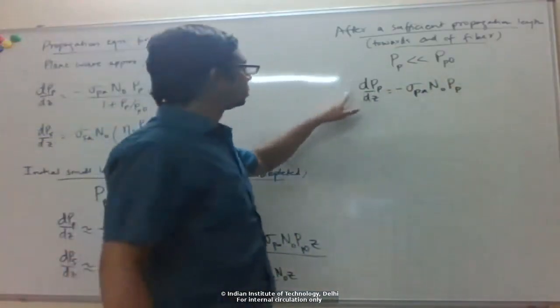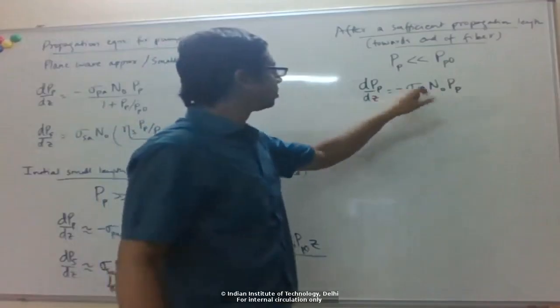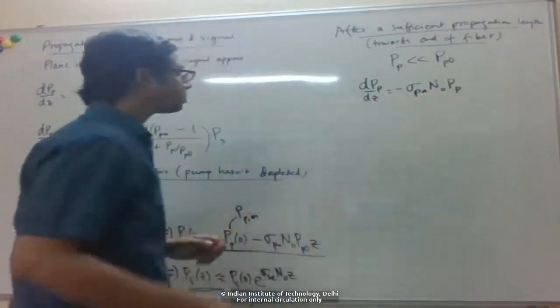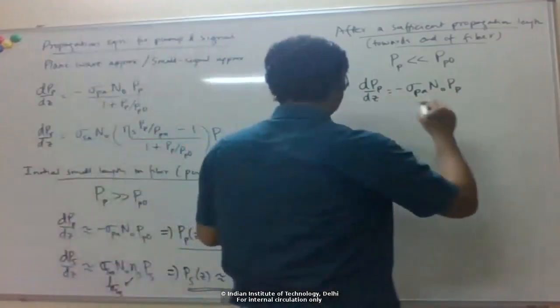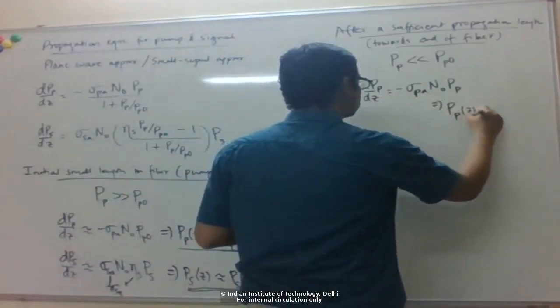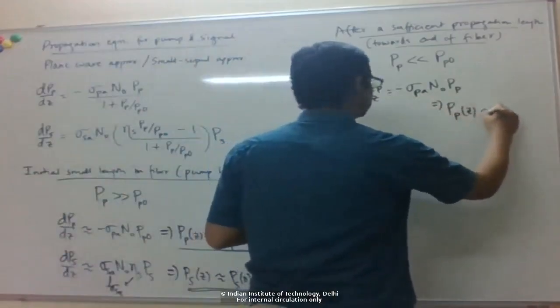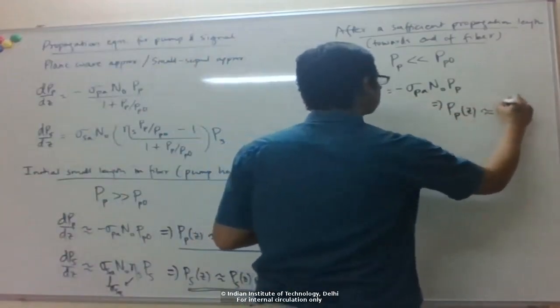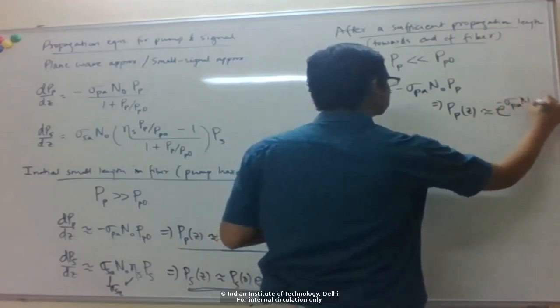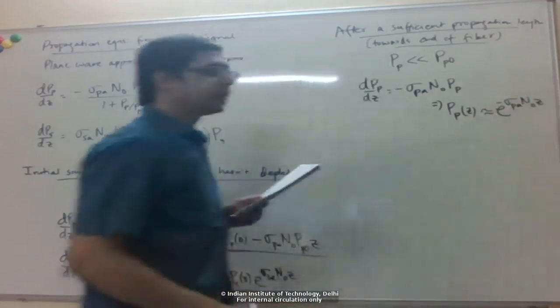You can see the pump will have exponential decay, minus some constant times 1. So towards the end of the fiber, the pump is decaying exponentially.